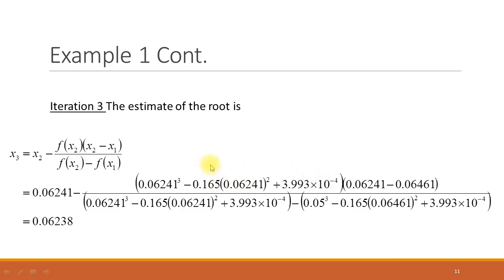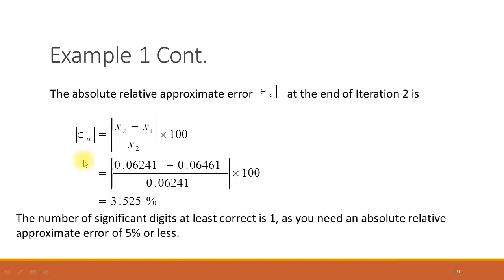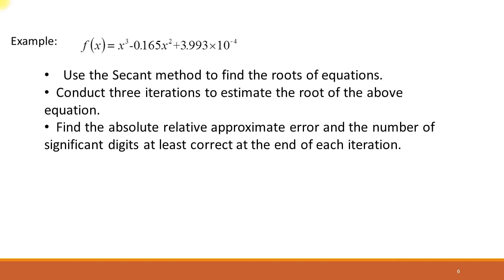Dear students, in each iteration, note that we estimate the function at x0, x1 and x2: the function at x0, the function at x1 and the function at x2, up to the third iteration. To estimate the function at x2 means putting the value of x2 in the given equation, which is of the form x cube minus 0.165 x square plus 3.993 multiplied by 10 raised to the power minus 4.